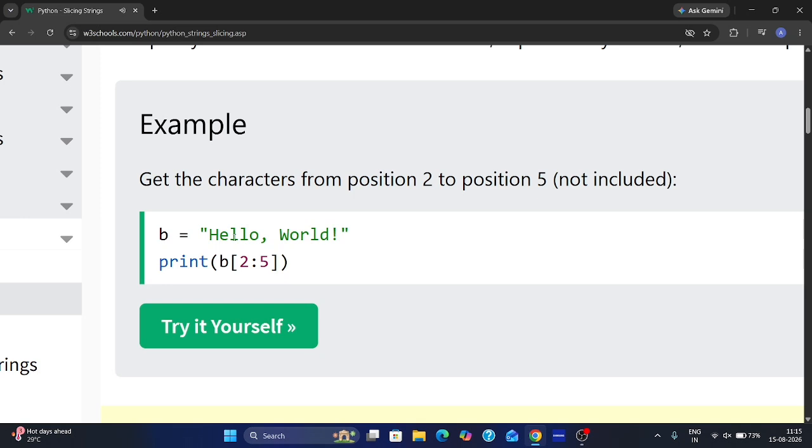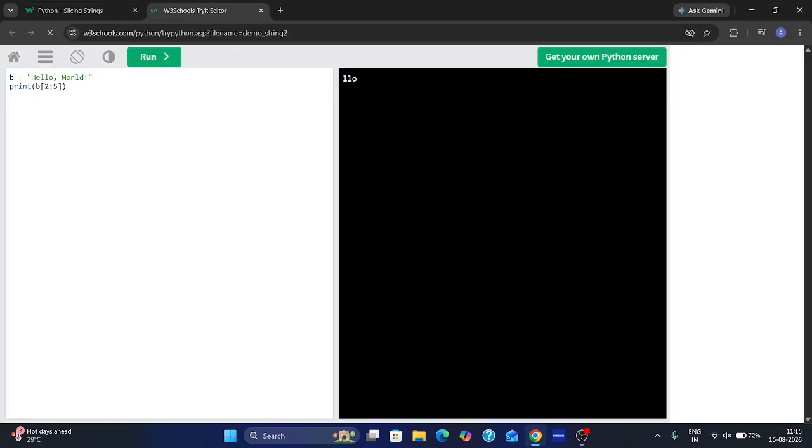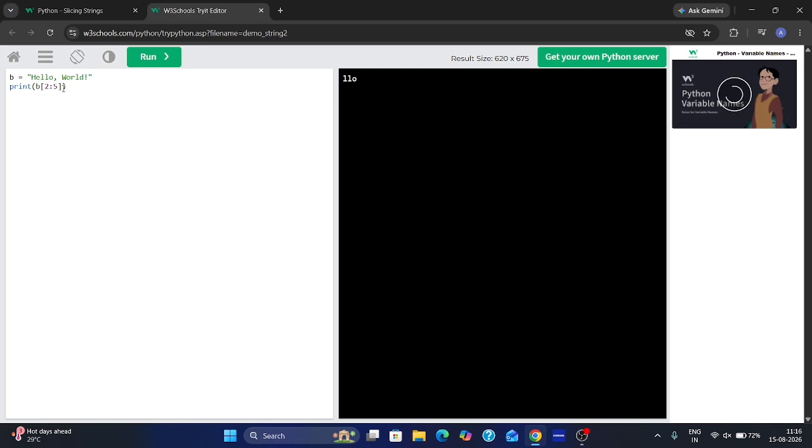So index 2, 3, 4, and this is our answer. I am again saying, you don't include the end one, 5. You go up to only 2 to 4. Position 5 is not included, so our answer is LLO.